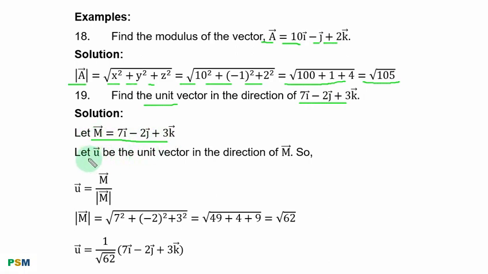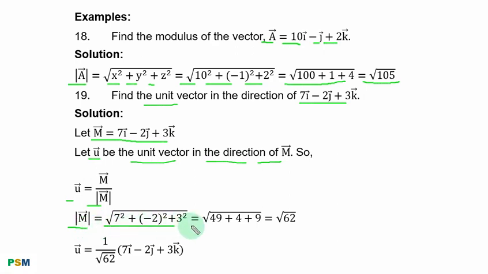Let vector U be the unit vector in the direction of vector M. So the unit vector U is equal to vector M over the modulus of vector M. You obtain the modulus, which is equal to square root, then you square the 3 components and add them respectively in this form.